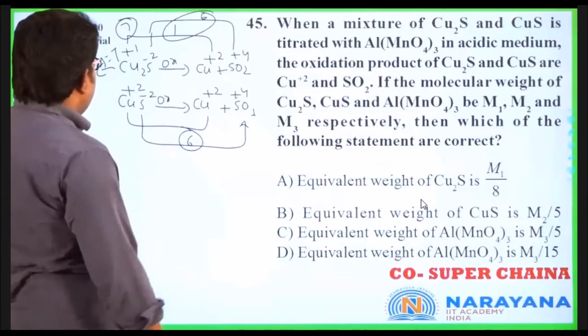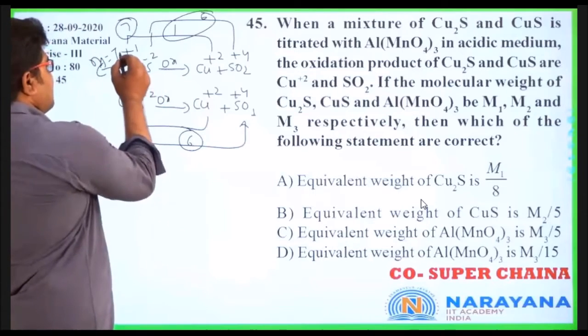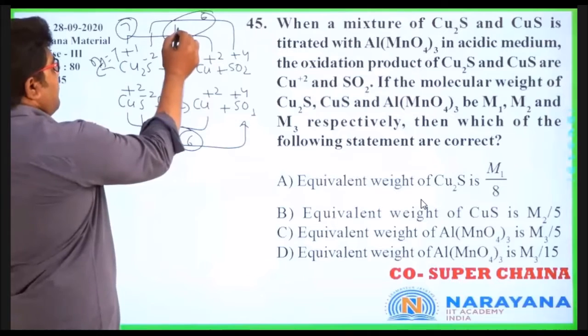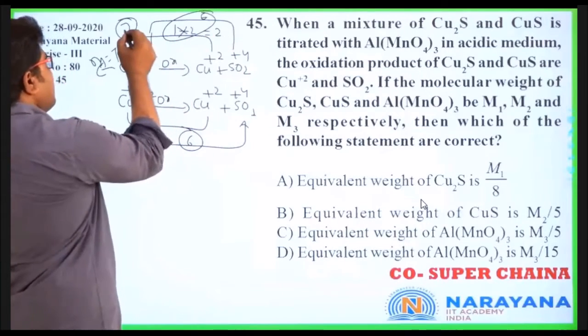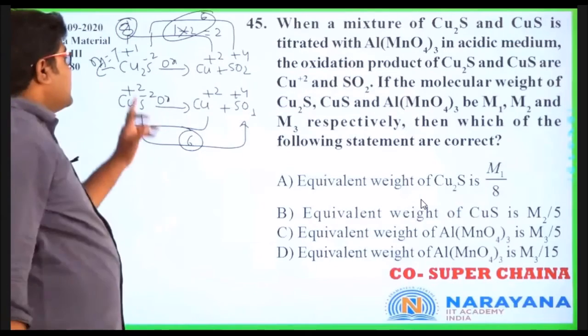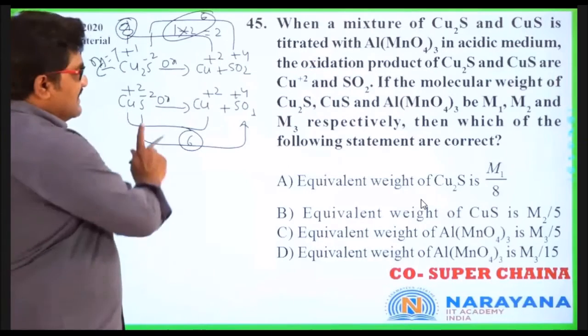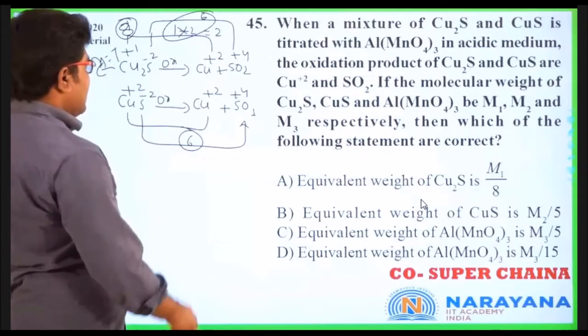In Cu2S, 2 copper atoms are there, so regarding copper we multiply by 2, so 6 plus 2, total change 8 here, because 2 copper atoms are there. Here only 6.